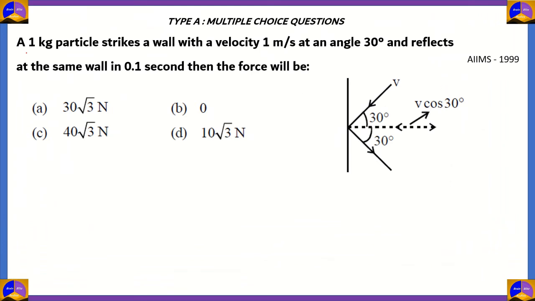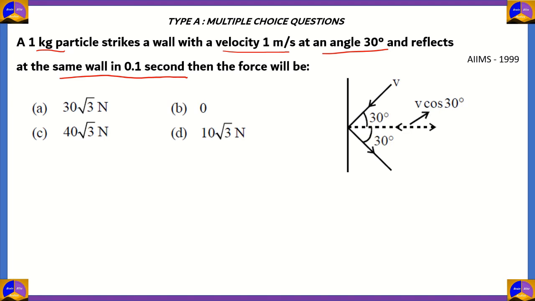Let's look at this question. A 1 kilogram particle strikes a wall with a velocity of 1 meter per second at an angle of 30 degrees, and it reflects at the same wall in a time period of 0.1 seconds. Find the force exerted.